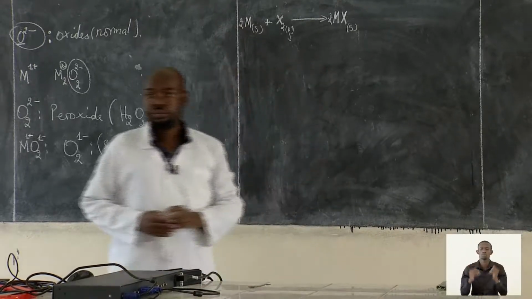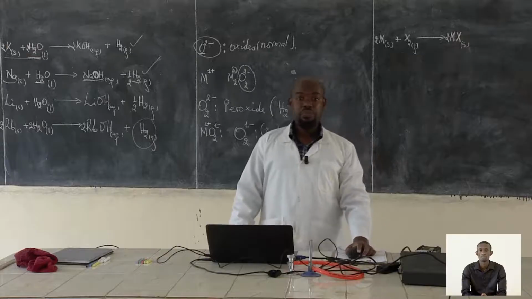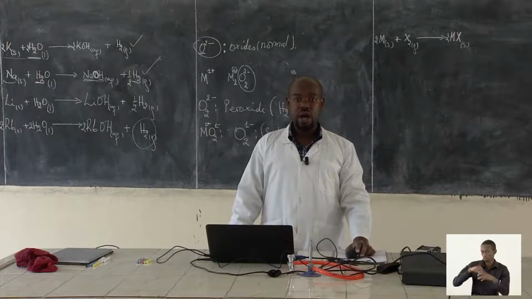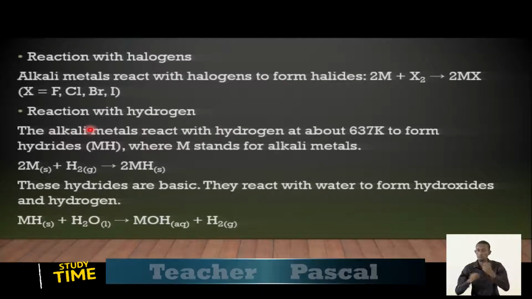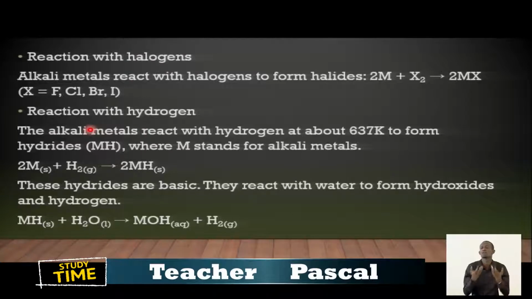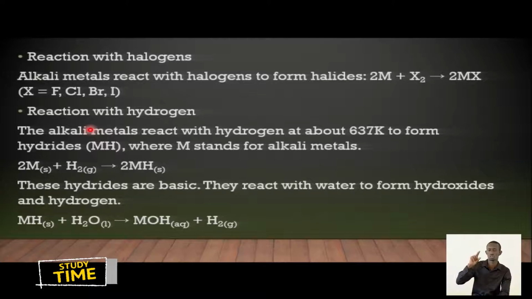Okay? So the substances we produce, they are called halides, and they are salts, ionic compounds, because we have a metal combined with a nonmetal. So we can have sodium fluoride, sodium chloride, sodium bromide. You can have potassium fluoride, potassium chloride, and so on.